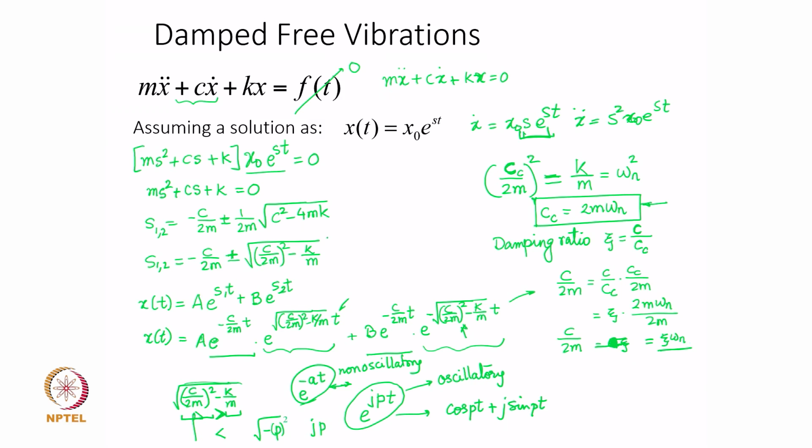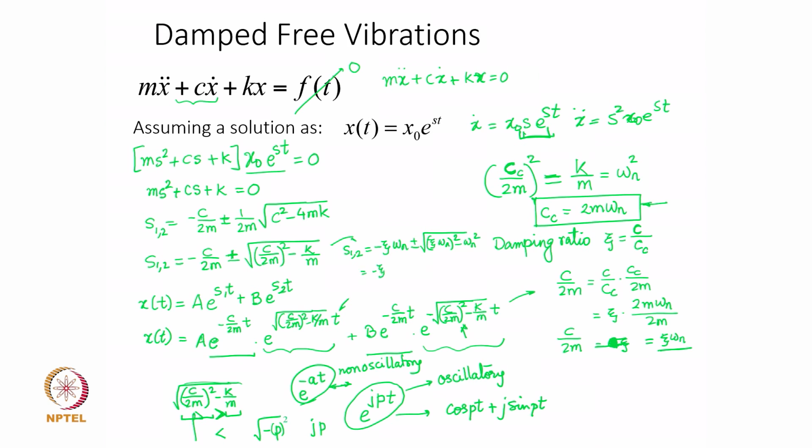Now, what I can do is write these two roots as minus C over 2m, which is minus zeta omega n, plus minus square root of C over 2m, which is zeta omega n, squared, minus omega n squared.